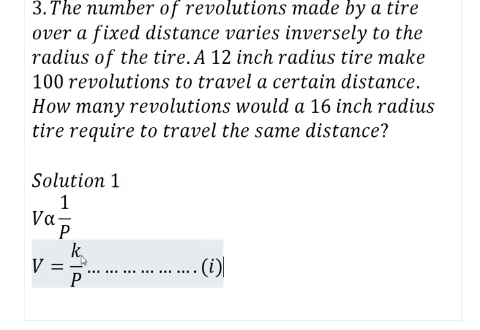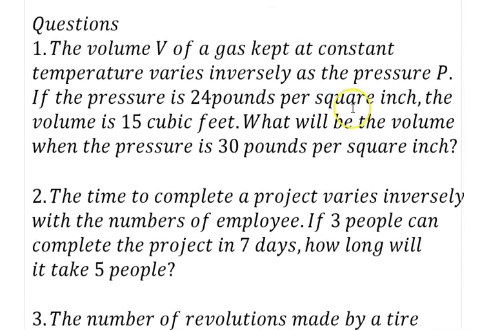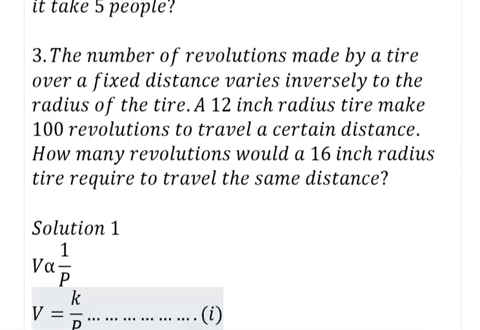Awesome. So having done that, we can now see what the question is asking us to do. If the pressure is 24 pounds, when P is 24, V is 15.